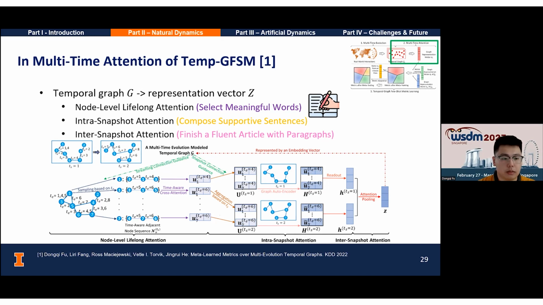The intra-snapshot attention is like composing a supportive sentence. And the inter-snapshot attention means that you finish a fluent article with paragraphs. This work is more based on the attention mechanism, so since we are in the convolutional part of our tutorial, we will introduce the corresponding attention techniques later in our tutorial.